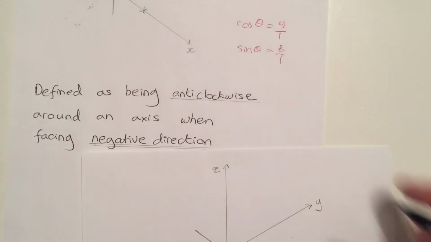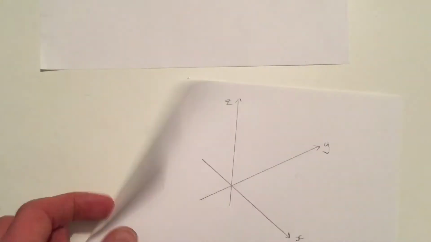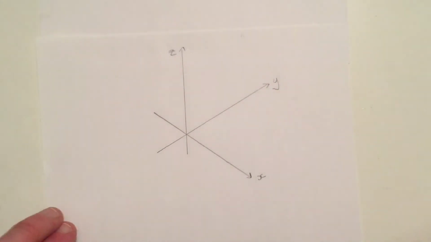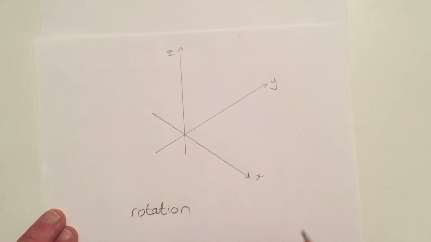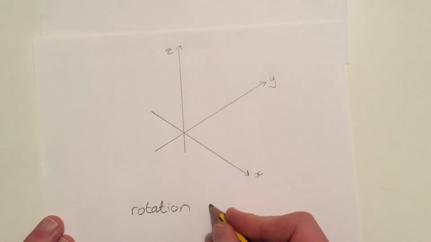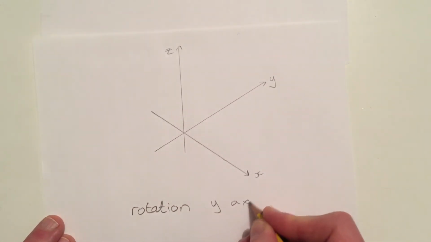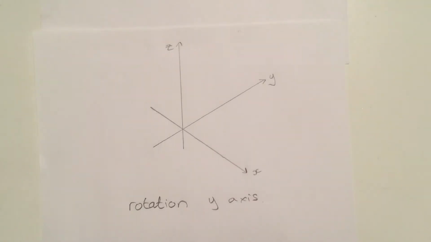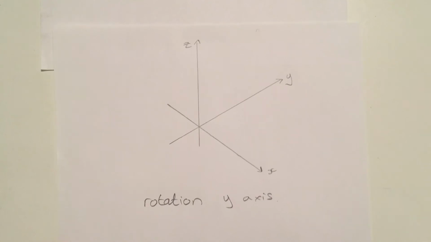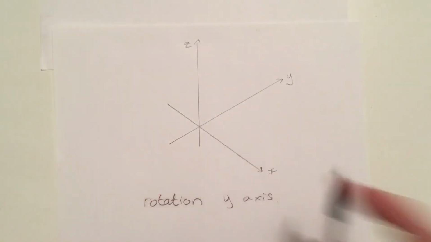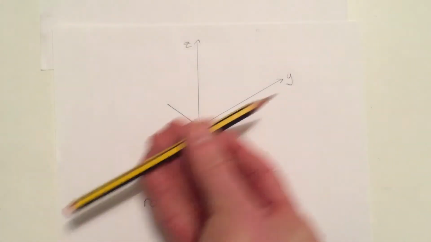So we've done rotation around the x-axis. What about rotation around the y-axis now? Let's do that one. And then after that, I'll show you a little pattern that will help you identify them more easily. So rotation around the y-axis. So I need to be facing the negative y direction. So the positive y direction is that way.